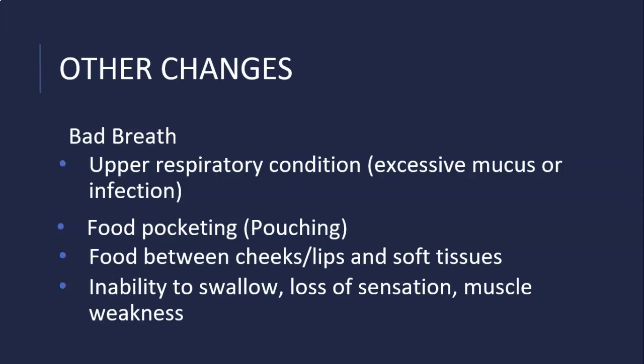Their food is just sitting in their mouth, getting stinky, between the cheeks and the lips, because of an inability to swallow it well. They pouch it because they can't get it down, or they lose the sensation that there's something there. If we have something stuck in our vestibule, we feel it and it drives us crazy, and we try to get it out with our tongue.